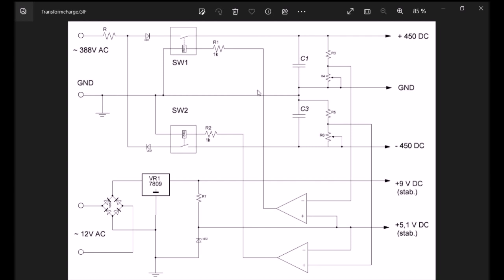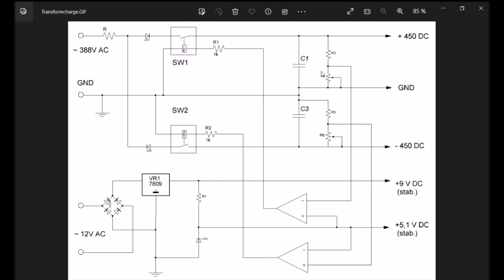Through these relays, these shunting capacitors are charged. I used little electrolytics for this purpose. They are 450 volts and 10 microfarads.